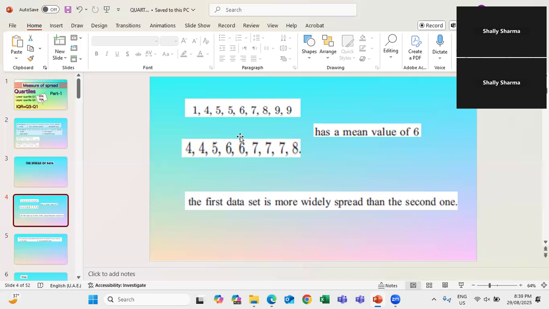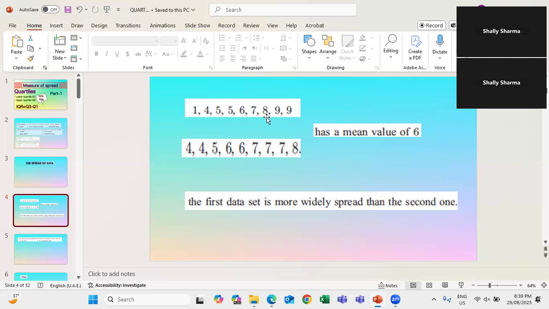So what is the meaning of measure of spread? If you look at the first data set and the second data set, and you want to find the mean value, which is also known as the average and is the center of data, it will come out as 6. How to find the mean?